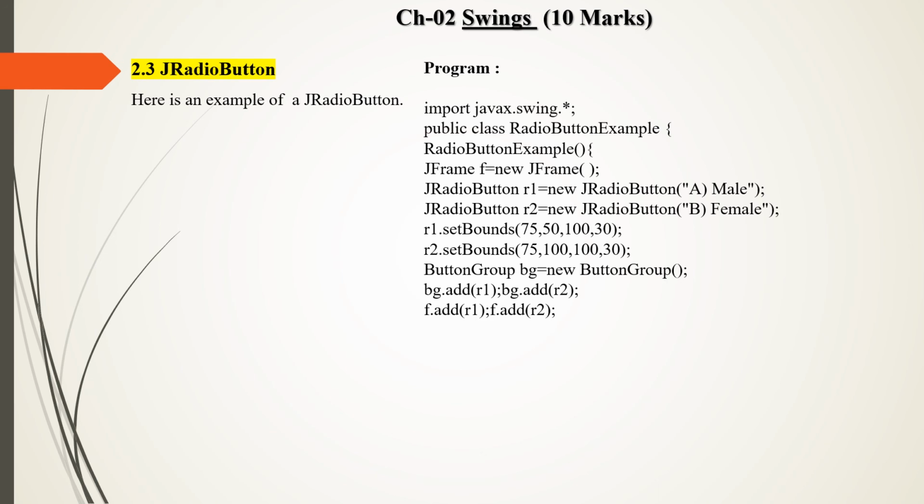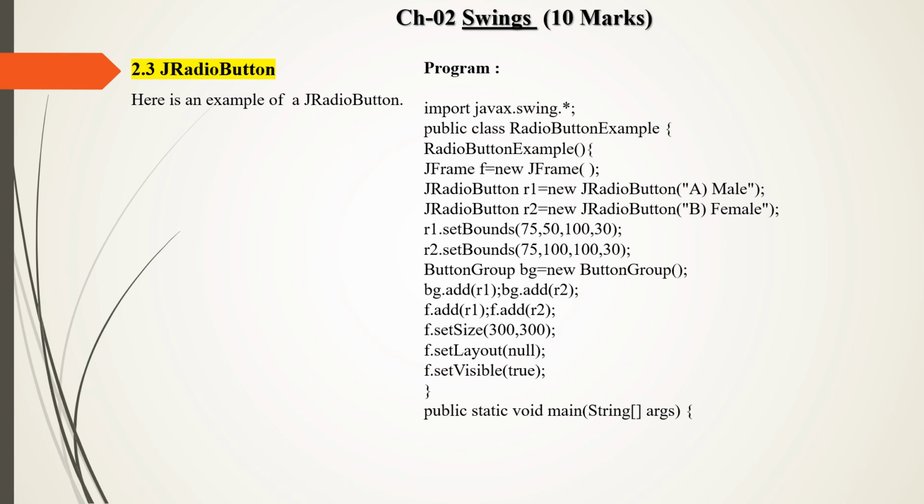Then we add the radio buttons in the frame. Then we set the size of the frame. Then we set the layout of the frame by the method setLayout. Then we set the visibility of the frame by the method setVisible. And at last we define the main method, public static void main(String[] args). One object is created of the class RadioButtonExample.